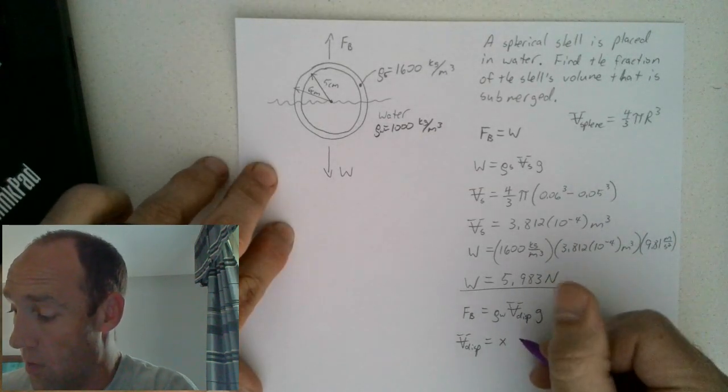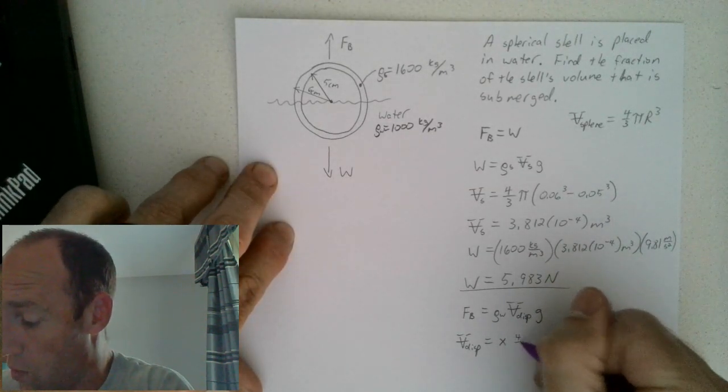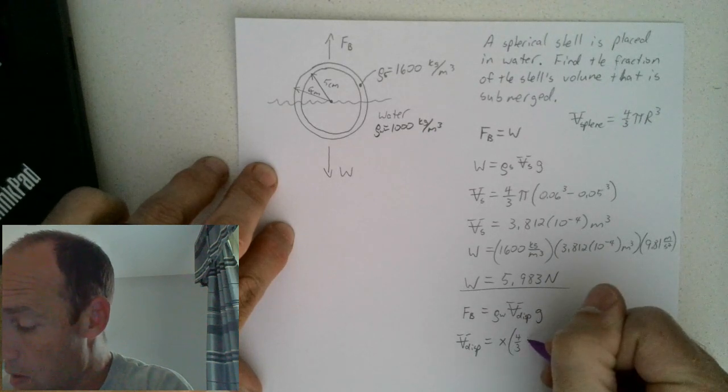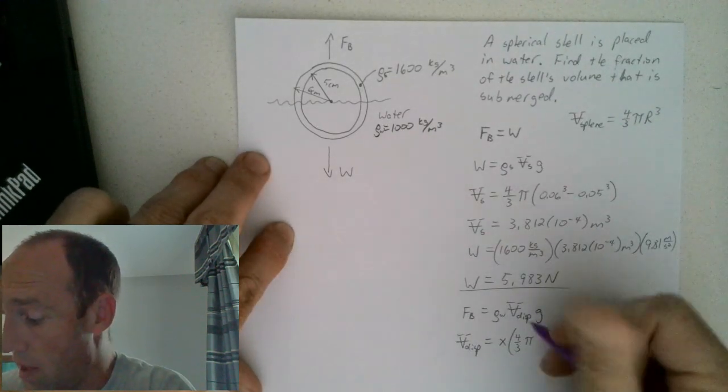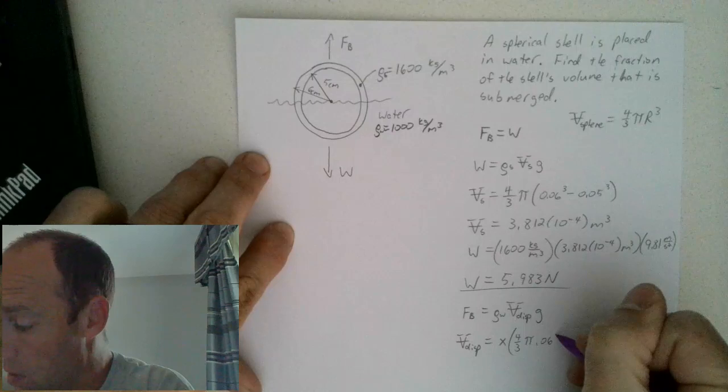And so the volume of the sphere is 4/3 pi r cubed, in this case 0.06 cubed.